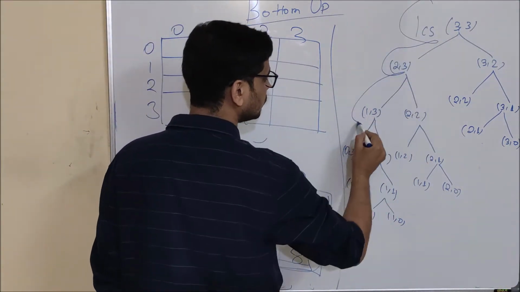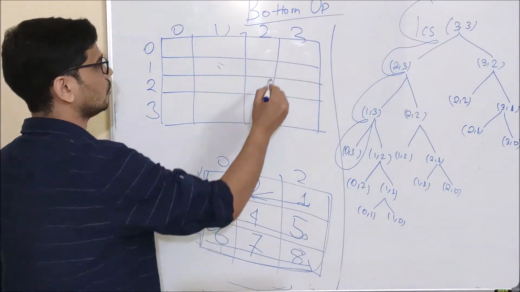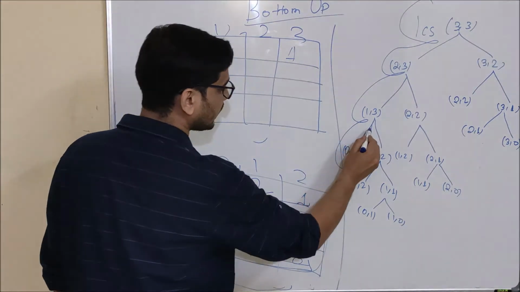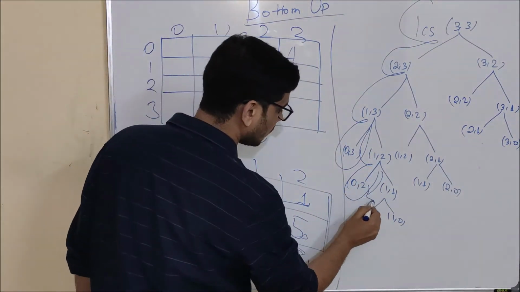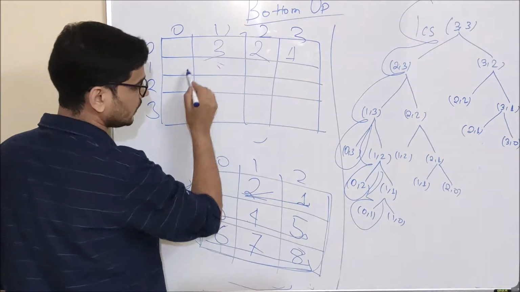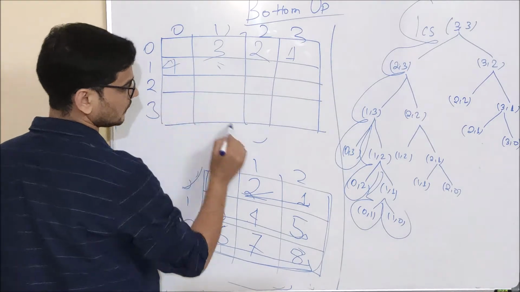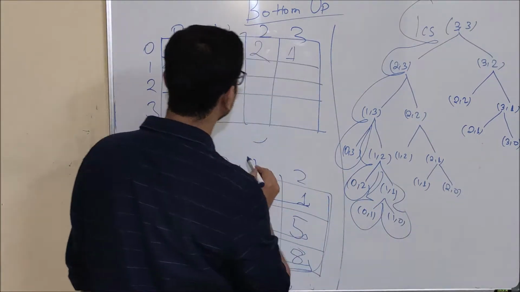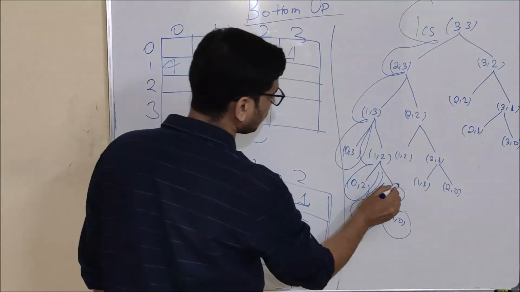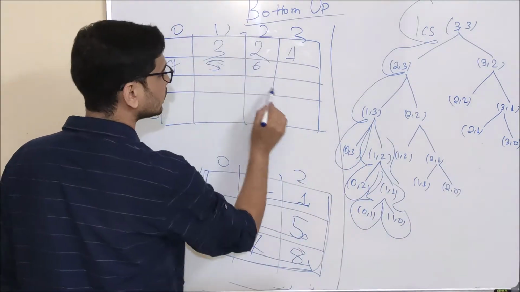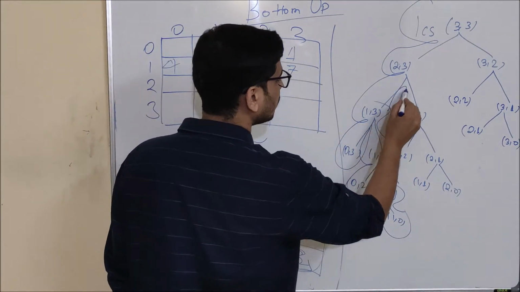Now see the topological order in this particular LCS 3, 3. The first value that is going to be returned is 0, 3. After that 0, 2, after that 0, 1, then 1, 0, then 1, 1, then 1, 2, and after that 1, 3, the seventh.